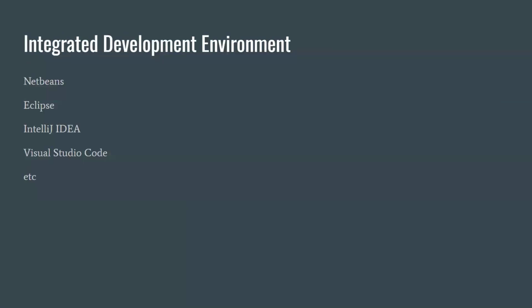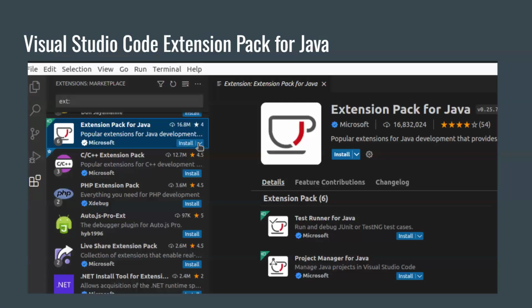For IntelliJ IDEA, everything is already installed and integrated. But for Visual Studio Code, you may want to click this extension and then install the Visual Studio Code extension pack for Java.